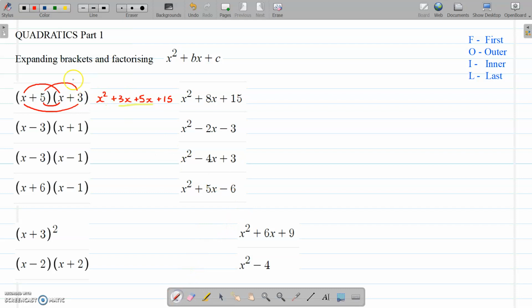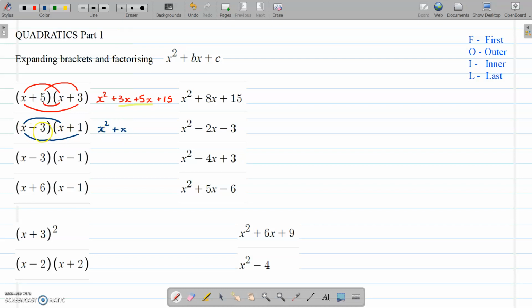Okay, we could do the same for this one. If you apply the first term here, it would be x times x, which would be x squared again. The outer term would be x times 1, which is 1x, or just x.